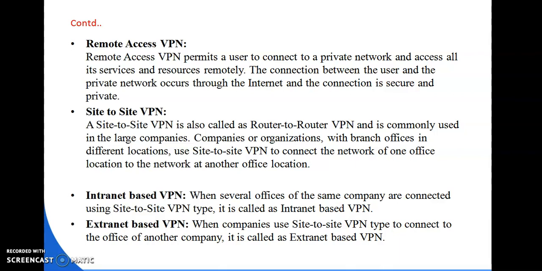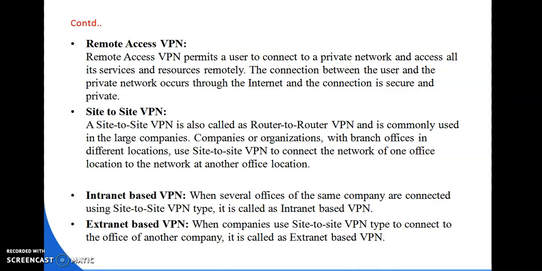This is the site-to-site VPN. Remote access is for small companies. It also creates a virtual private network for their employees, and the site-to-site VPN acts for large-scale organizations having many branch offices connected to each other.